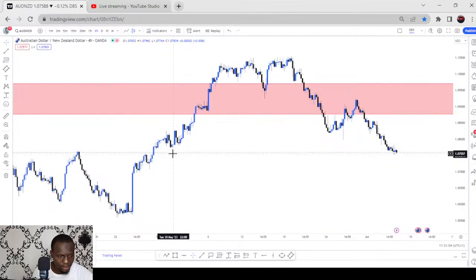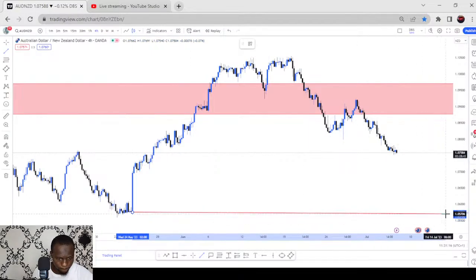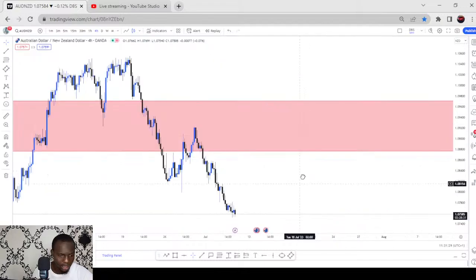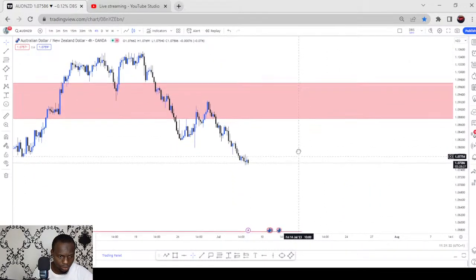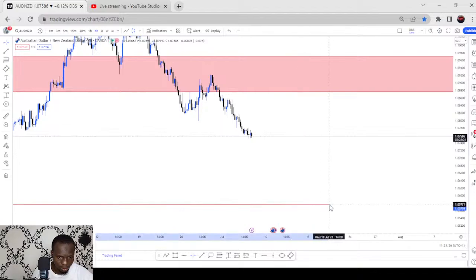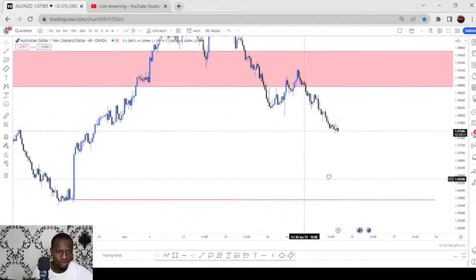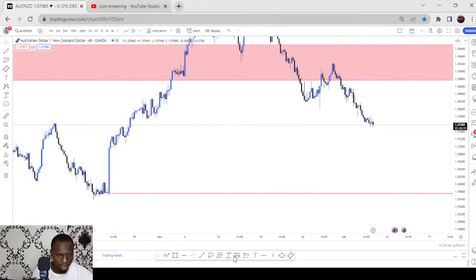And ladies and gentlemen, if this market can break this level, the next level target is going to be here. Let me draw it out. The next level target is going to be here. From this minor level to this level is about 300 pips.